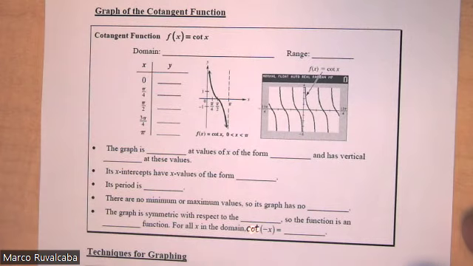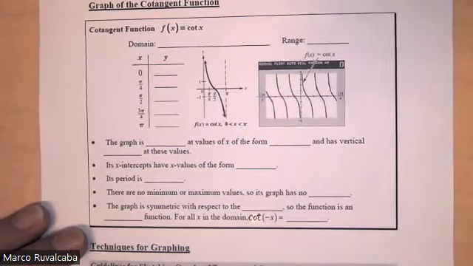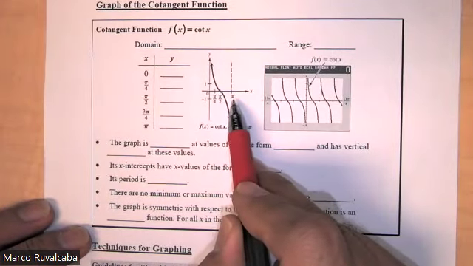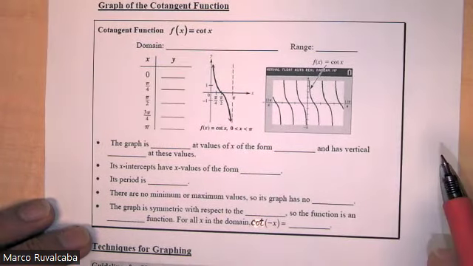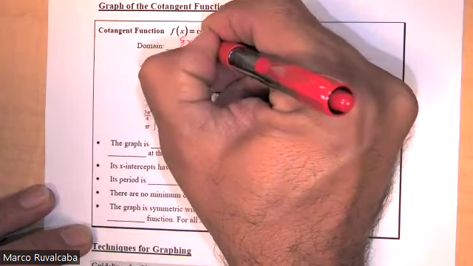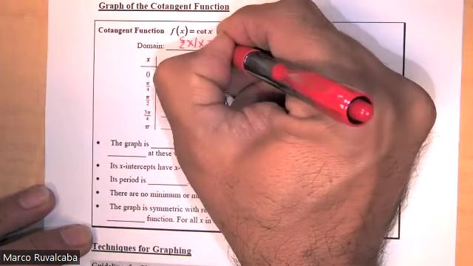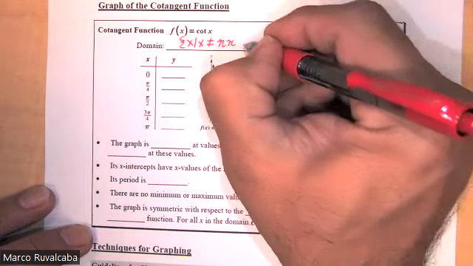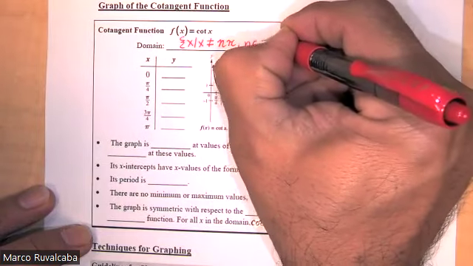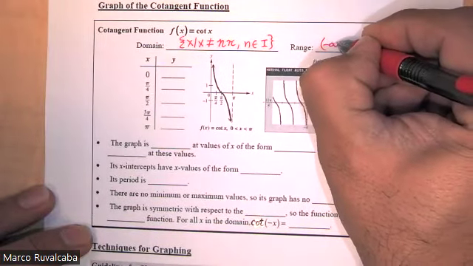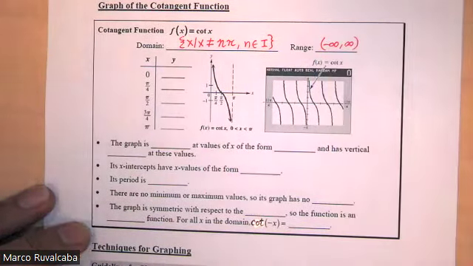It still has some discontinuities like tangent did, but now the discontinuities are not at pi halves, they're at integer multiples of pi. So the domain is all values of x that are not equal to n times pi, where n is an integer. The range is still the same, from negative infinity to infinity.